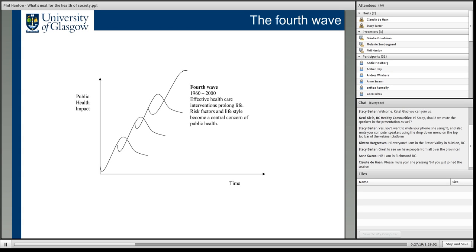And so what we've learned to do is take people who previously would have contracted chronic disease and died from it because of risk factors, and manage that risk, but also allow them to prolong their lives, a tremendous thing, I should say, with chronic disease. So some cancers, for instance, which would have been rapidly fatal as recently as 20 or 30 years ago, can now be managed for literally decades.